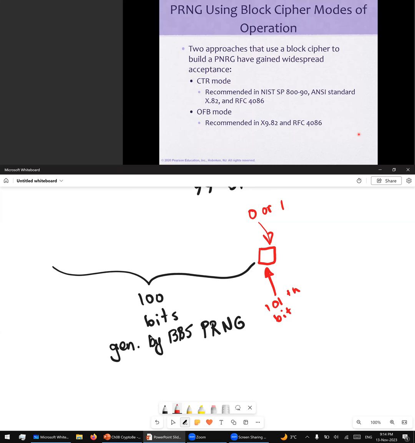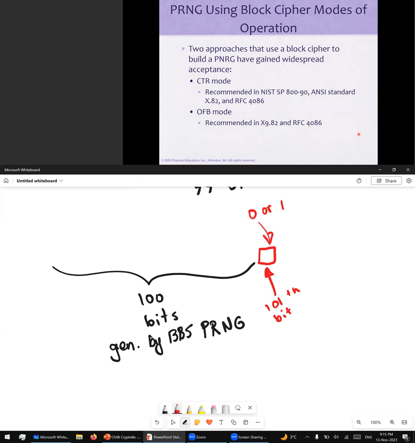So, if you remember what we had in chapter 7, where we were talking about different modes of operation of block ciphers, there were two modes that we could use, or maybe even more than that. I think three modes where we could actually use the mode of operation not just for encrypting data, but we could also use it as a random bit generator, right?